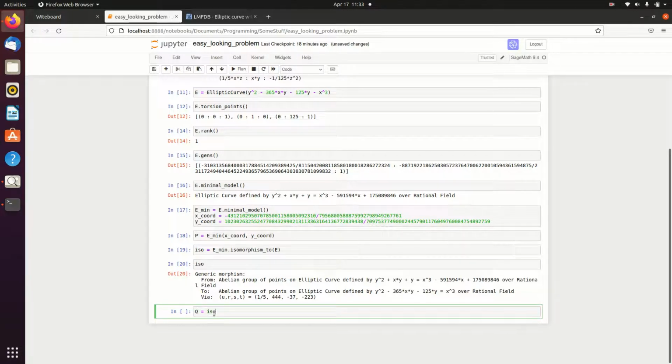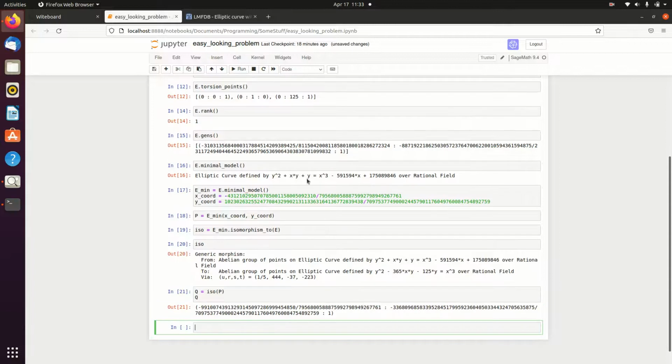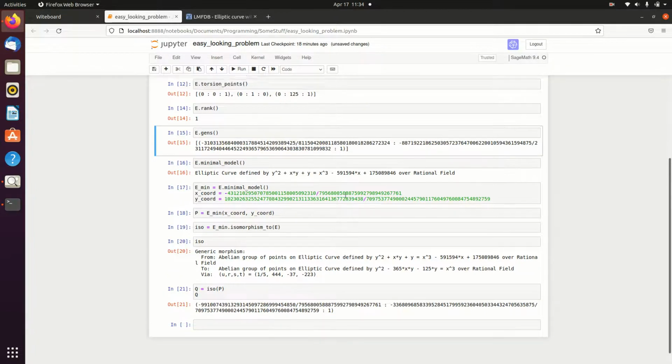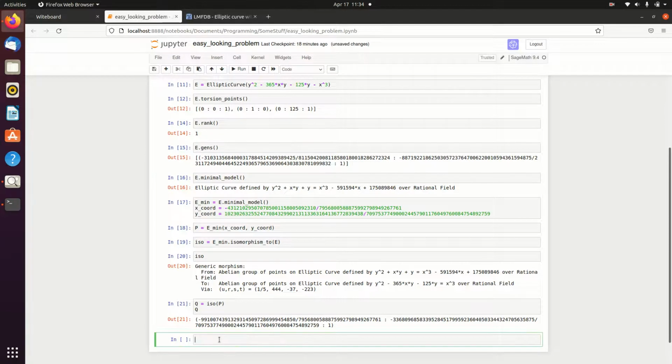So now we can take the image of this point under the isomorphism. So this gives us a point on the curve, and actually that's a different point than this one, but it should probably be related by torsion.